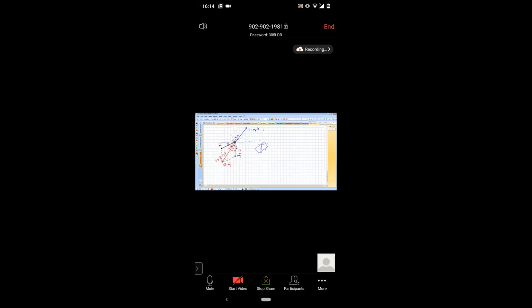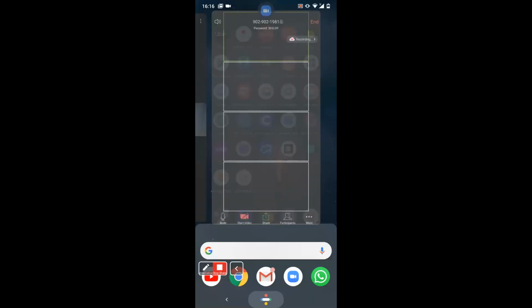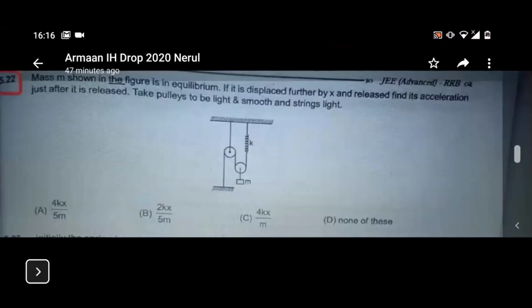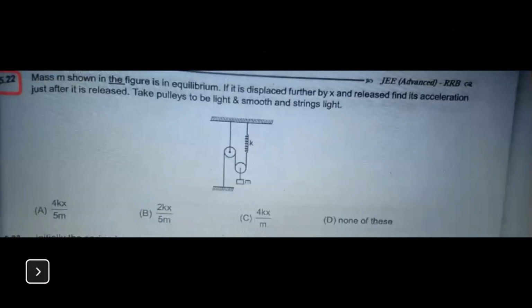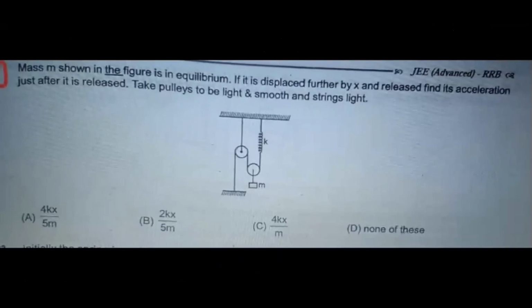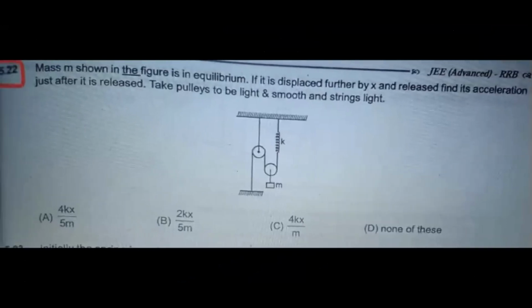Right. So hang on a second. Okay, so this one, yes, you can see it on the board now.